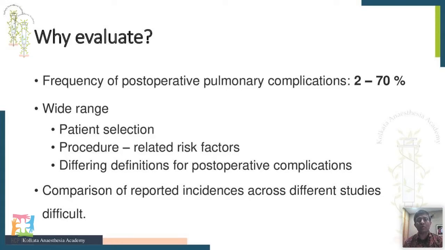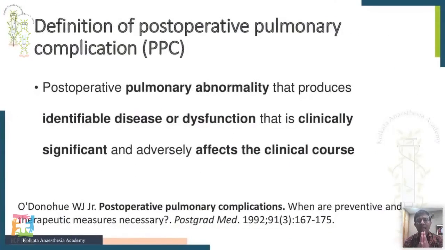There's been a huge difference about what exactly is the amount of pulmonary complication. Some people have been over enthusiastic, saying up to 70%, but this is because of a lack of a proper definition.